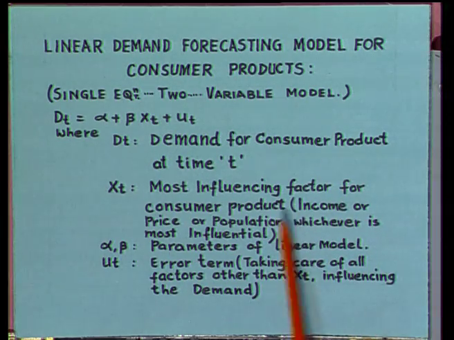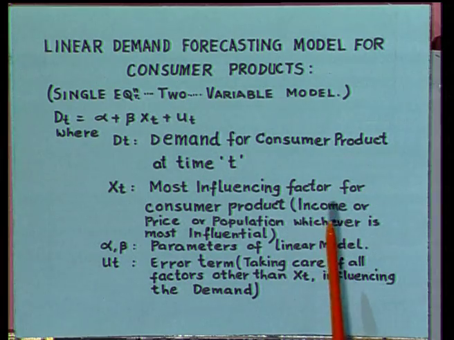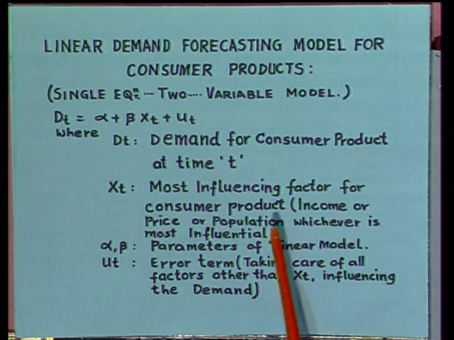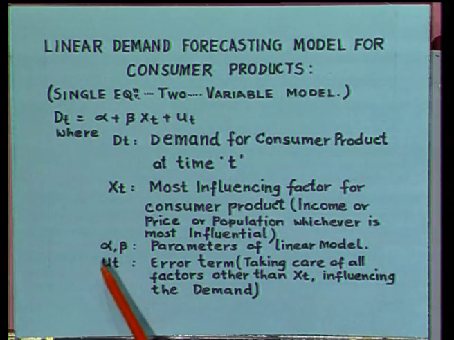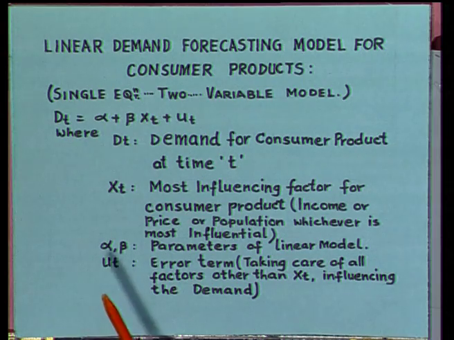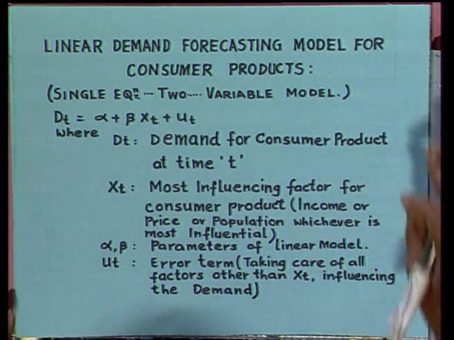Any of these may be influencing factors, namely income or price or population, whichever is most influential, we use that as xt. Alpha and beta are the parameters of the linear model. ut is the error term which takes care of all the factors other than xt which influence the demand for the consumer product in question.